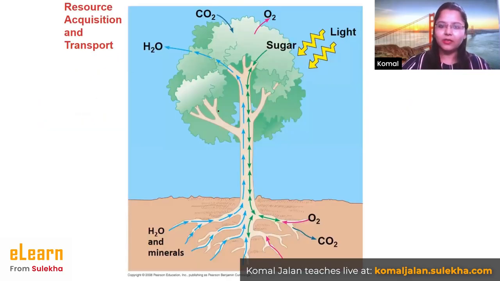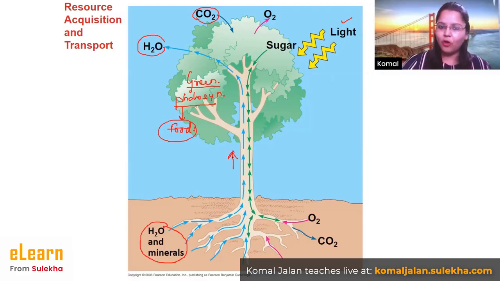So see here, this is the green part of the plant, light, oxygen, carbon dioxide and water. Water and some dissolved minerals are absorbed from the soil. They reach the green part of the plant where photosynthesis takes place, and by the process of photosynthesis, food is prepared.